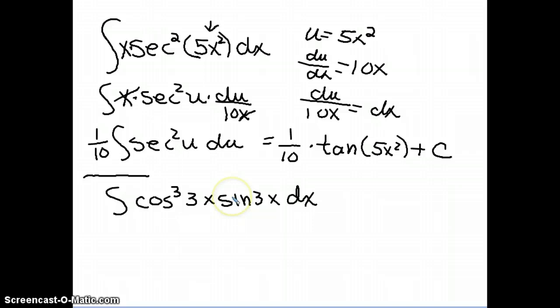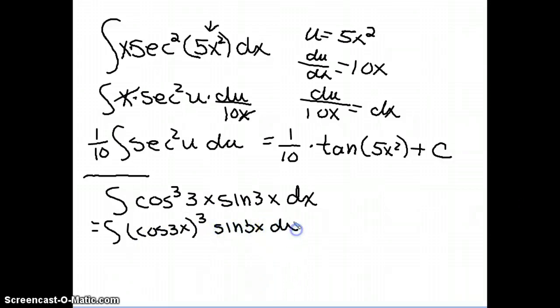There's no such thing. So I'm going to go back and try my other way. All right, look, I do have a quantity raised to a power, right? If I rewrite it, this cosine of 3x is cubed. And then I have sine on the outside.